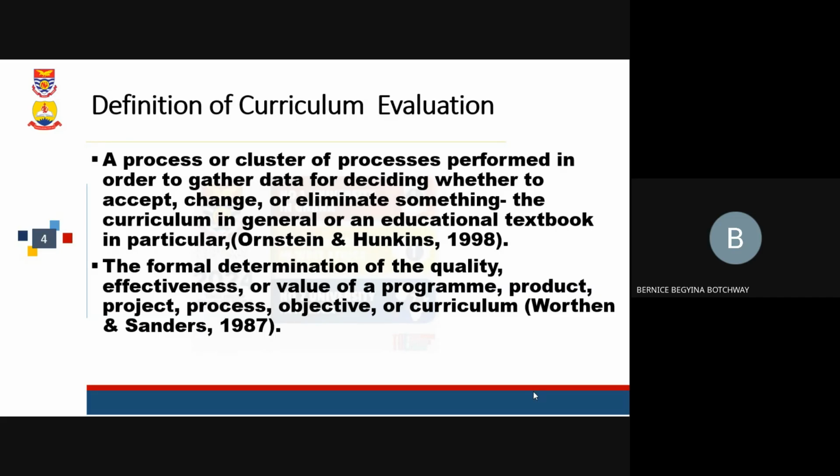According to Ornstein and Hunkins, 1998, they define curriculum evaluation as a process or a cluster of processes that is performed in order to gather data for deciding whether to accept, change, or eliminate something.